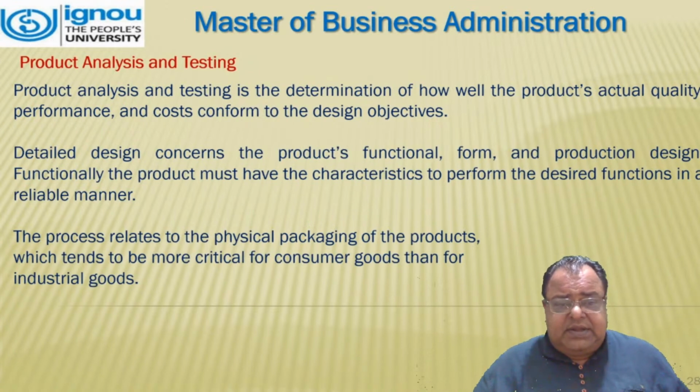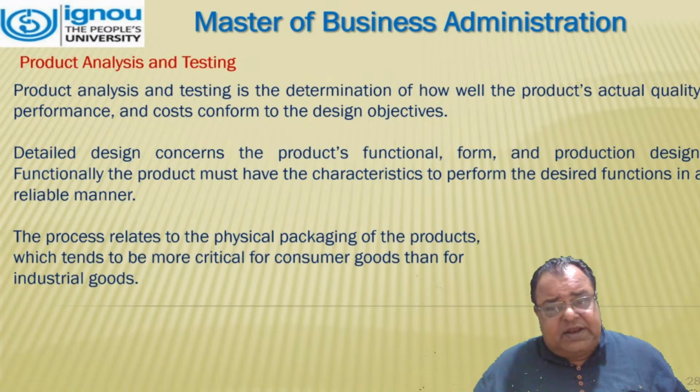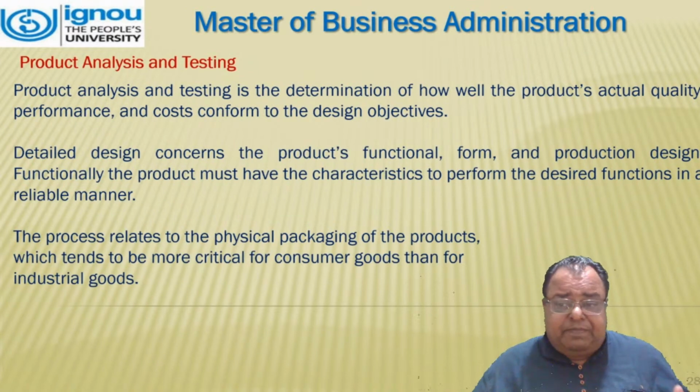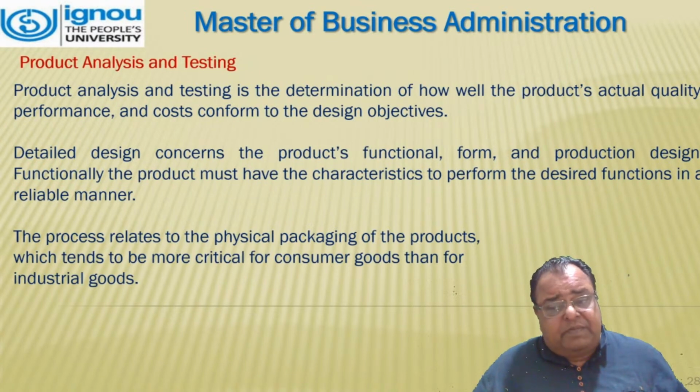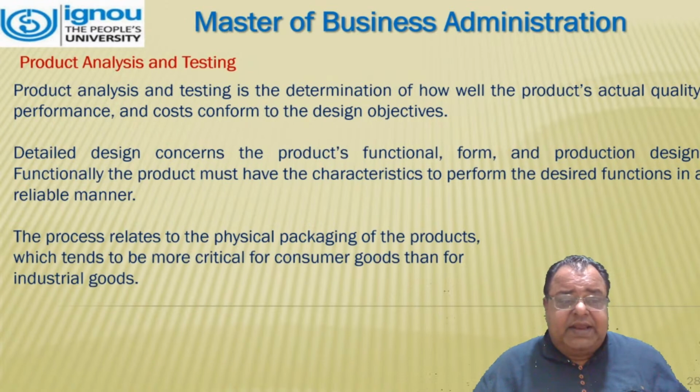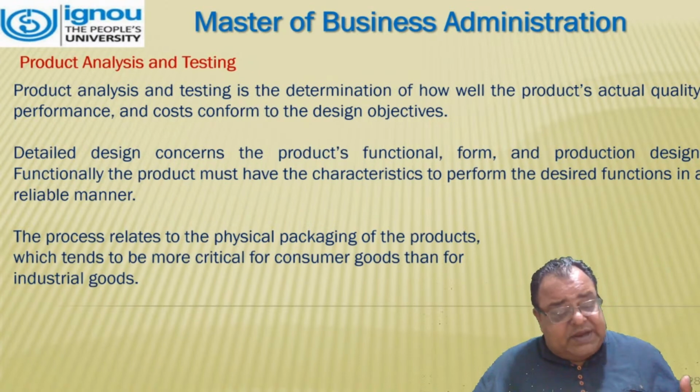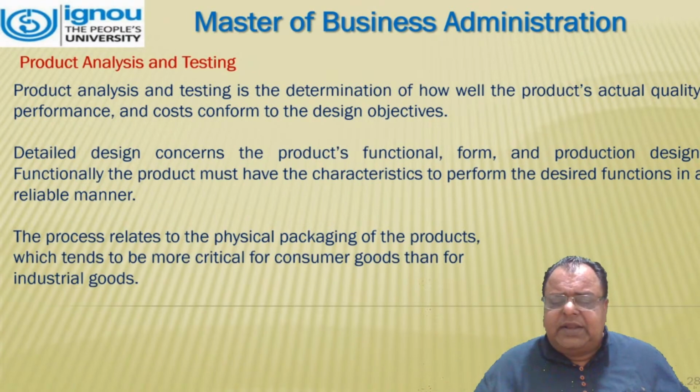Detailed design concerns the product's functional, form, and production design. Functionally, the product must have the characteristics to perform the desired functions in a reliable manner. The form relates to the physical packing of the products, which tends to be more critical for consumer goods than for industrial goods.